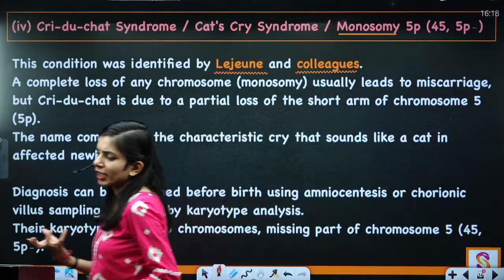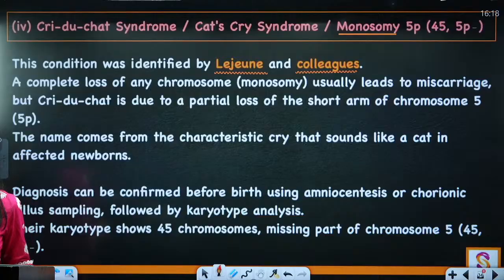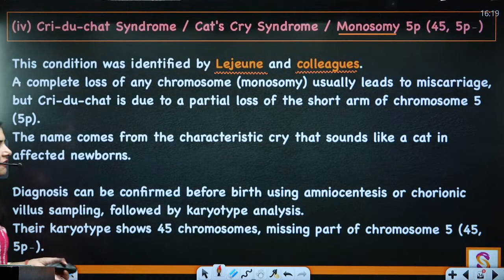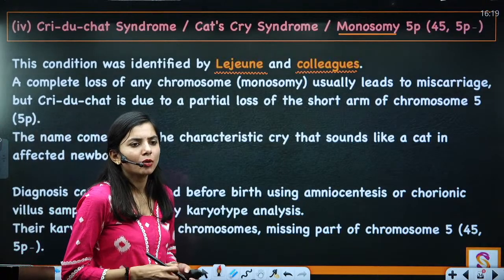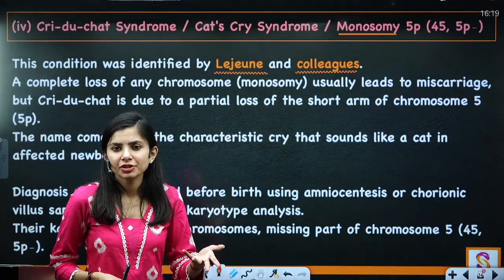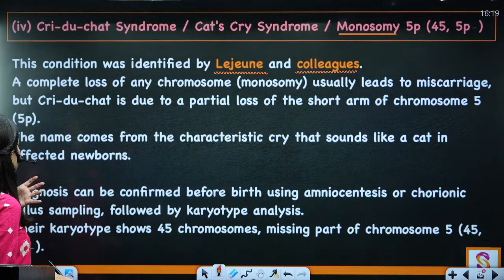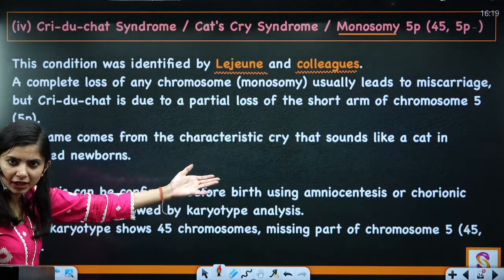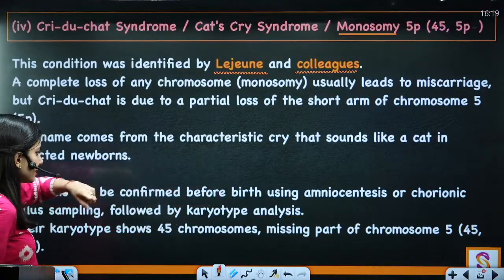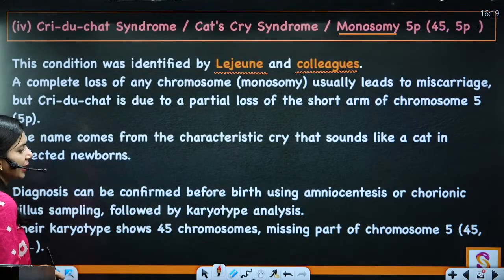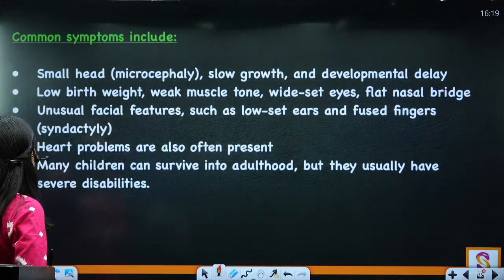I mean, one short arm of your chromosome is missing, and it is specified as a part of structural aberration. Fine. So here, how can we diagnose it? The diagnosis is with the help of amniotic fluid. We can take the sample and analyze it with karyotypic analysis. Fine.